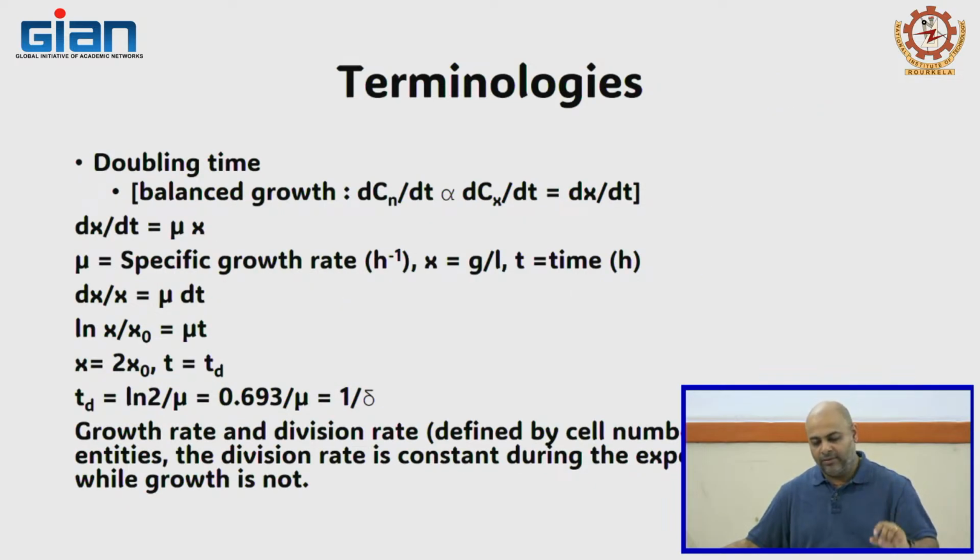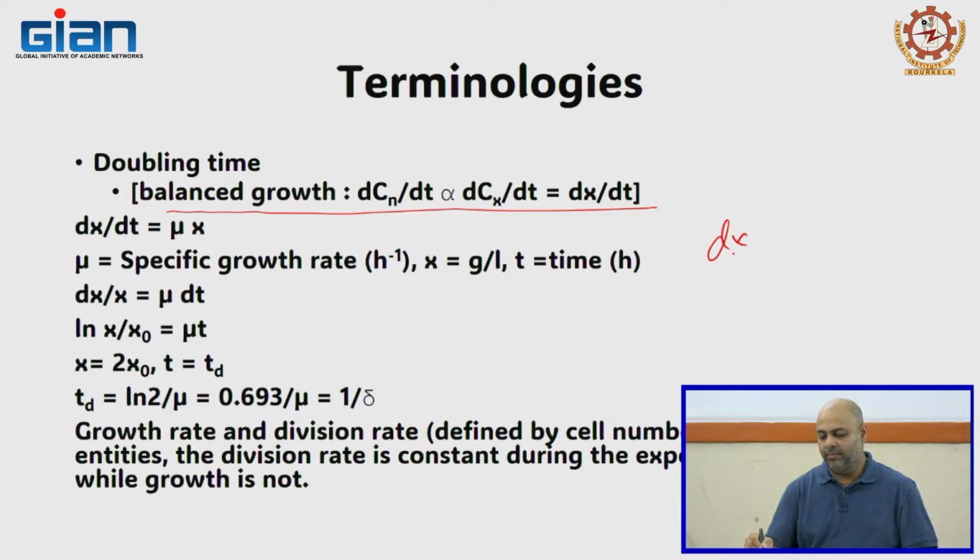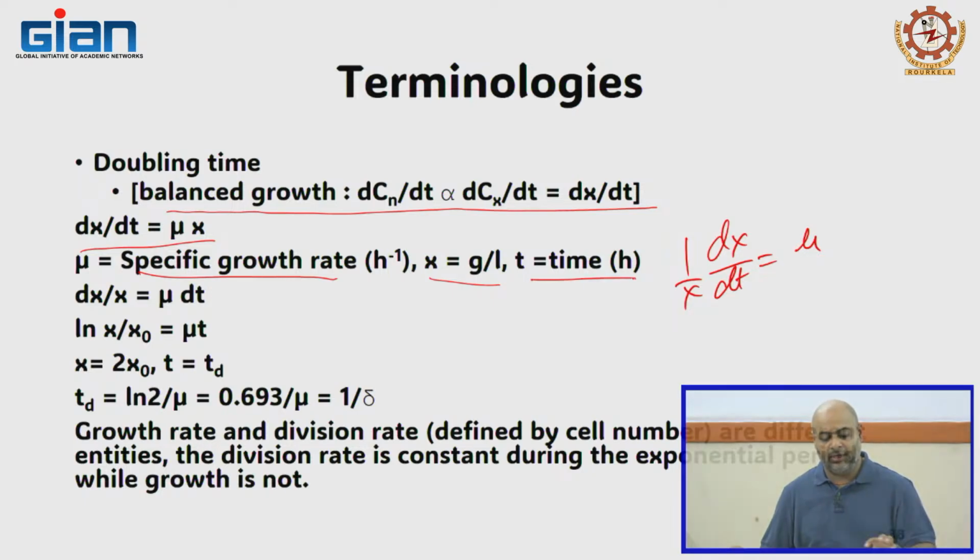The other terminology that we are going to use would be your doubling time. So, your dx by dt is given as mu x, or mu is 1 by x dx by dt, right. So, this is what the equation is, where your mu is your specific growth rate, x is your concentration in grams per liter, time is the time in hours, as you are rearranging it.